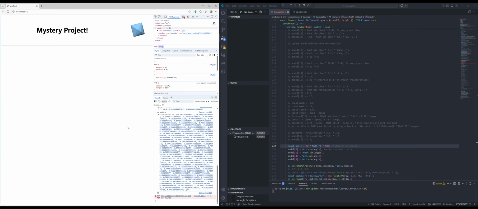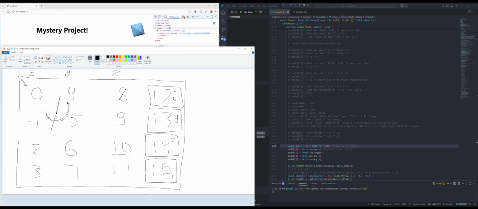So, oh, I'm completely confused. Oh my God. Model 1, it does turn, no, I'm not confused. Am I confused or not? What is going on?